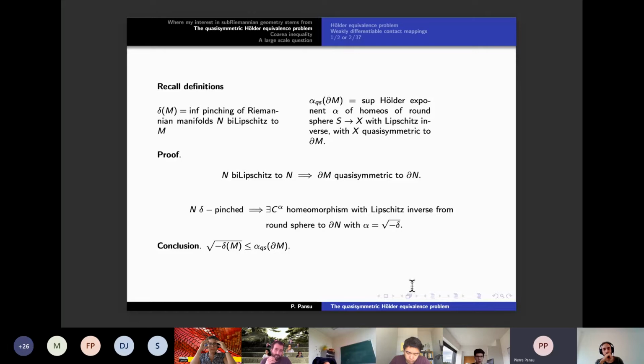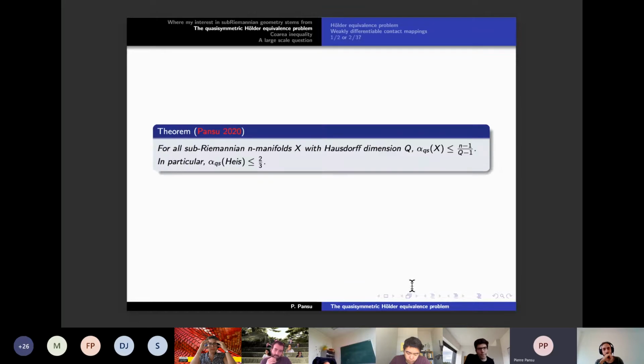So now, let me quote one result, which has to do with this optimal quasi-symmetric Hölder exponent, alpha QS. So it gives an upper bound. So it shows that you cannot approximate a certain class of Riemannian metrics, all sub-Riemannian metrics, by a Euclidean space of the same dimension.